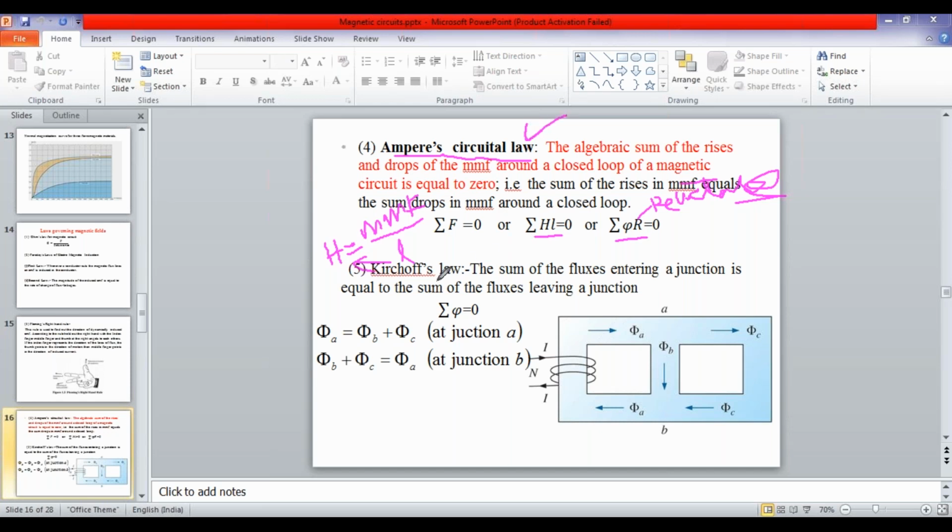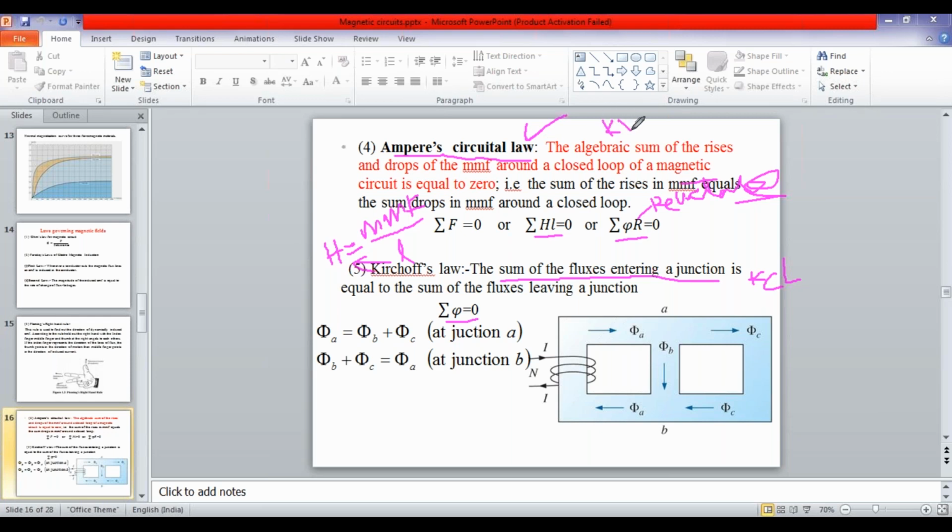Now, the fifth law is Kirchhoff's flux law, or Kirchhoff's magnetism law. This law simply says that the algebraic sum of fluxes at a junction is equal to 0. Kirchhoff's flux law is similar to Kirchhoff's current law, and Ampere's circuit law is similar to KVL.